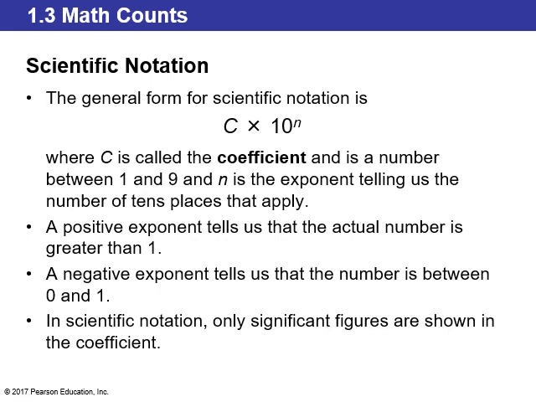So we would use this general form for scientific notation, which is c times 10 to the n. C is the coefficient. It's some number between 1 and 9, and n is the exponent that tells us the number of tens places that apply to that number. So, for example, 1 times 10 to the 9th power would give me a billion of something.